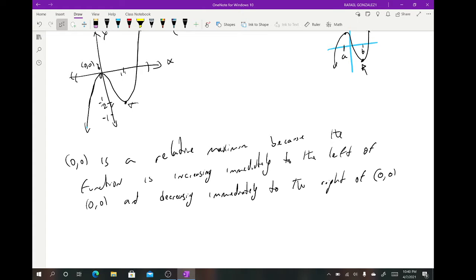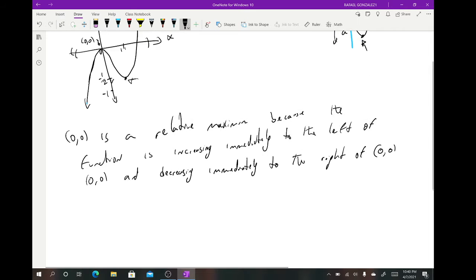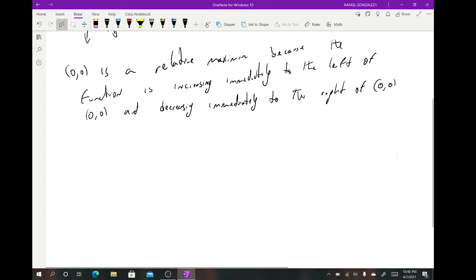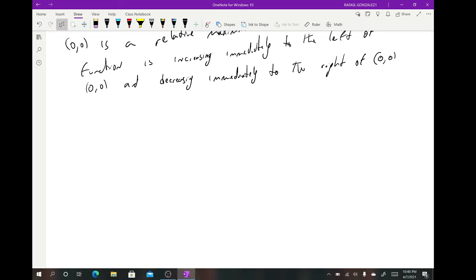Now, this leads us to the first derivative test, which will make this a little bit more explicit, and it will actually give us a nice method for finding relative maximum or minimum of any function that you're given. So this is the most important part of this lecture, this theorem.